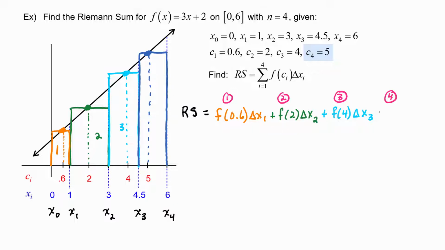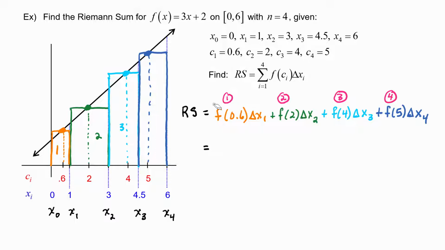So then the area would be f of 5, which is the height, times the base, which would be delta x for region 4. So now let's start plugging in those values we get for the Riemann sum.